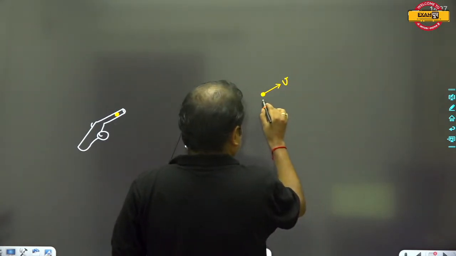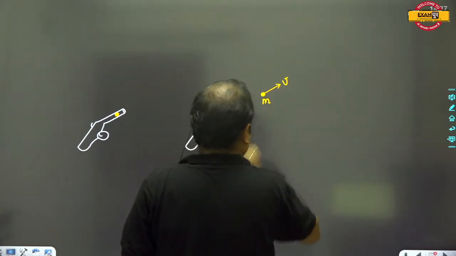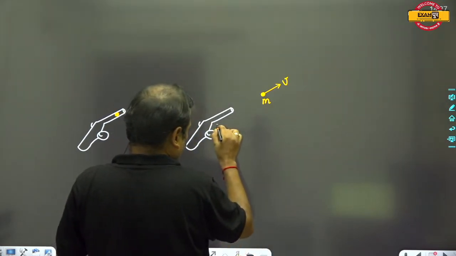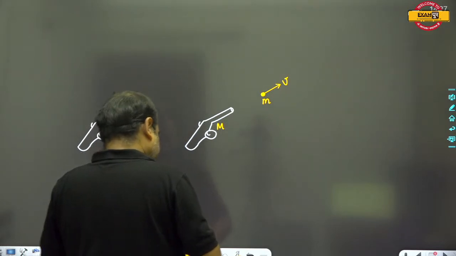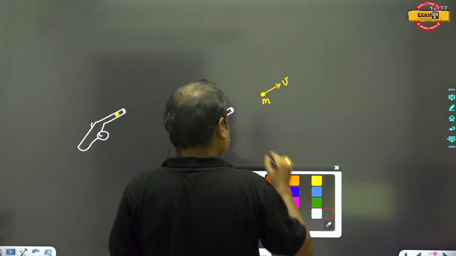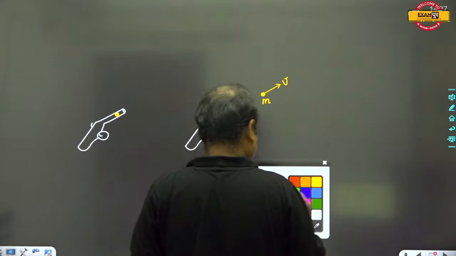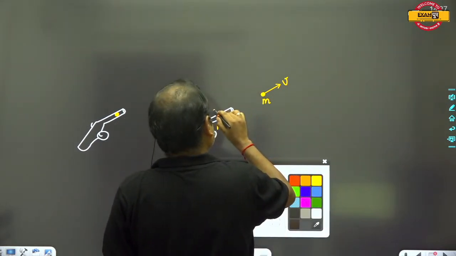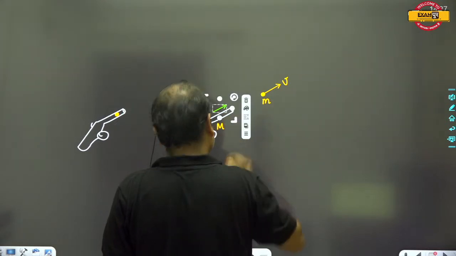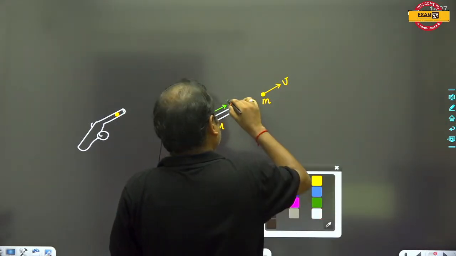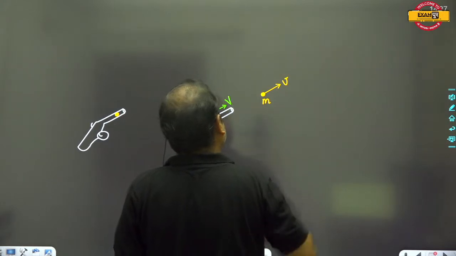The mass of the ball is small m. The mass of the gun is capital M, and suppose that the velocity of the gun is capital V.